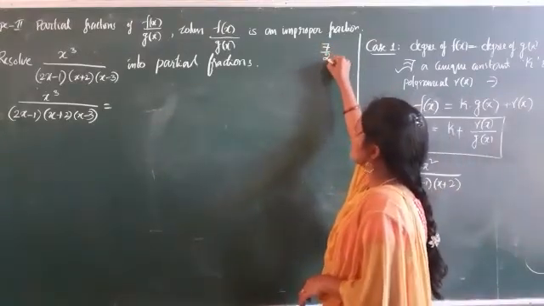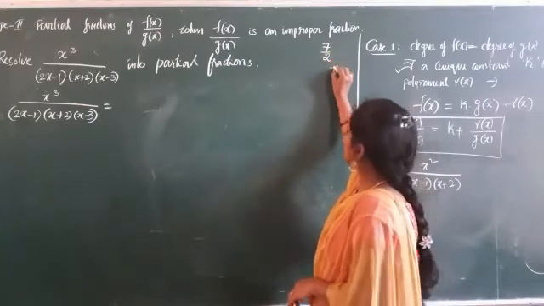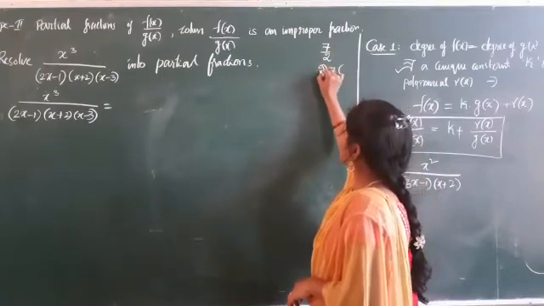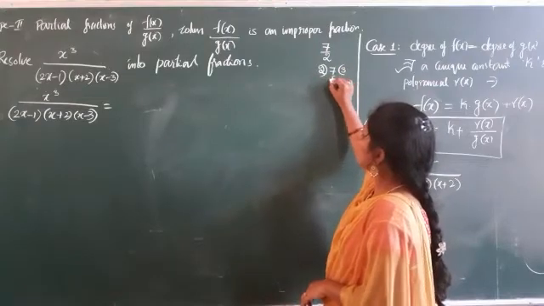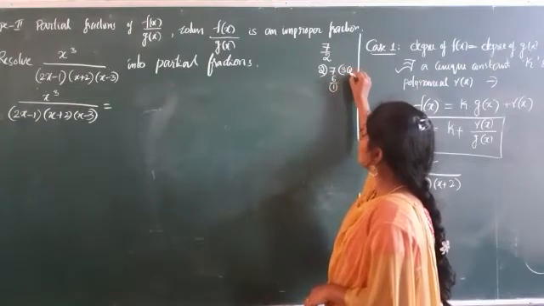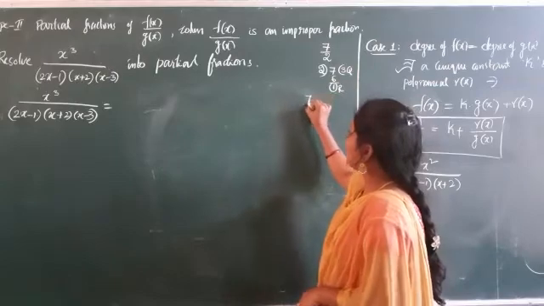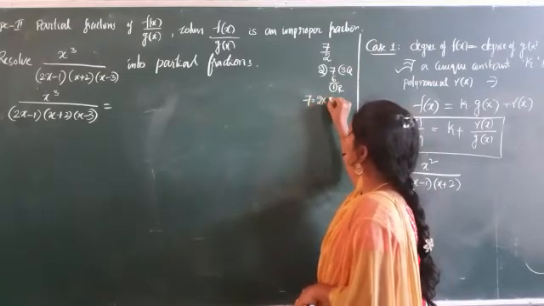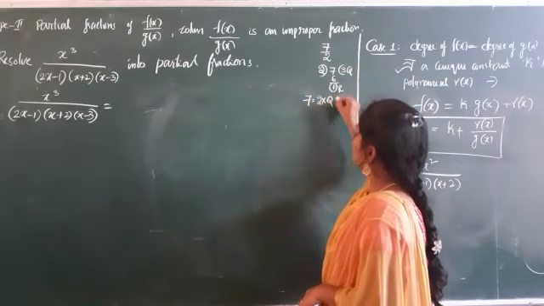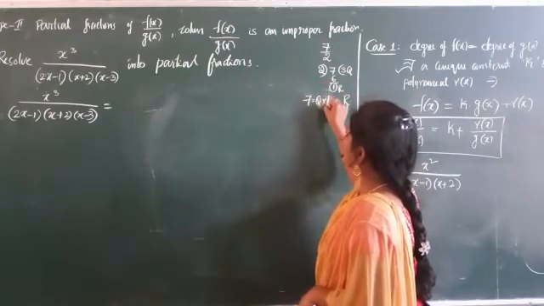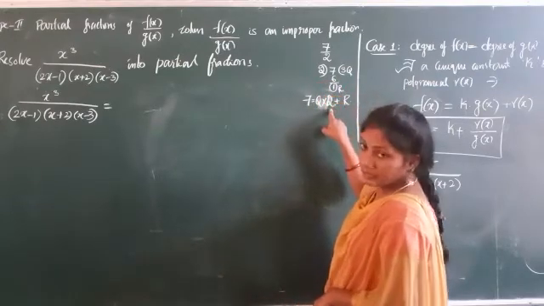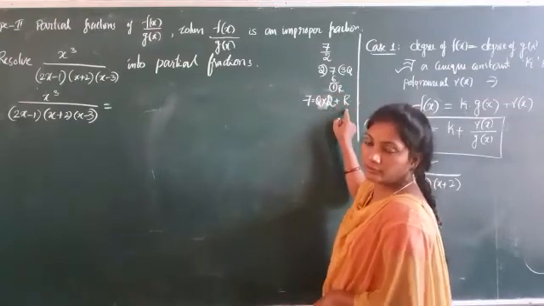Suppose you have 7 by 2, you are doing the division with 2. 2 times 3 is 6 and the remainder is 1. This is the quotient and remainder. So 7 can be written as 2 into the quotient plus r: quotient into divisor plus remainder, right?